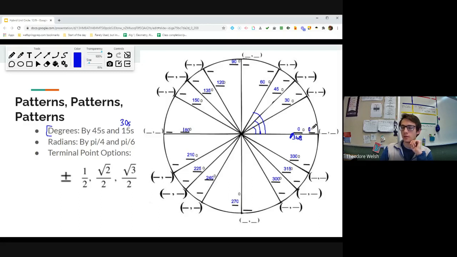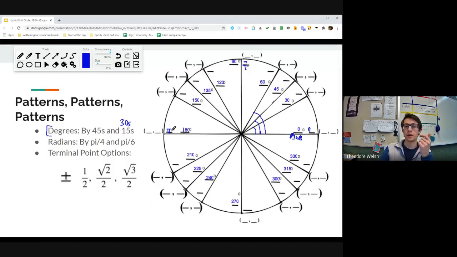So we have 0, or 0 pi, you could think of really just 0. 0 radians there. 90 degrees is the same as pi over 2. 180 is pi. So the difference between each of these is a difference of pi over 2. 270 is 3 pi over 2. And back to 360. 360 is 2 pi.